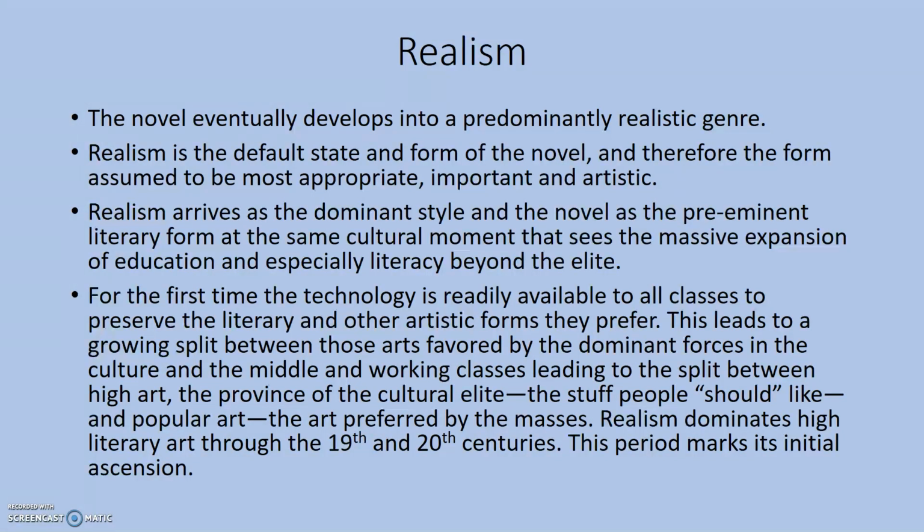Realism is the dominant form in both cases through the end of the 19th century, and realism dominates high literary art through the 19th and 20th centuries, and for the most part still dominates literature today, even more so than other art forms. This period that we're going to talk about marks its initial ascension.